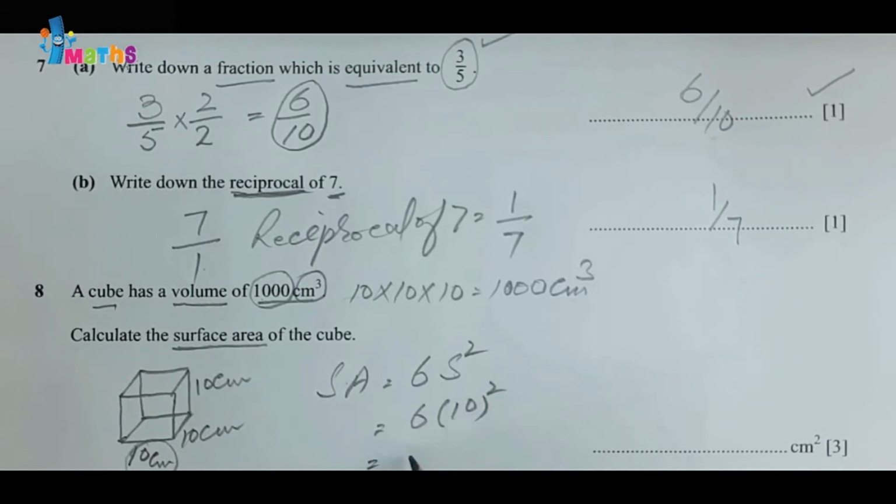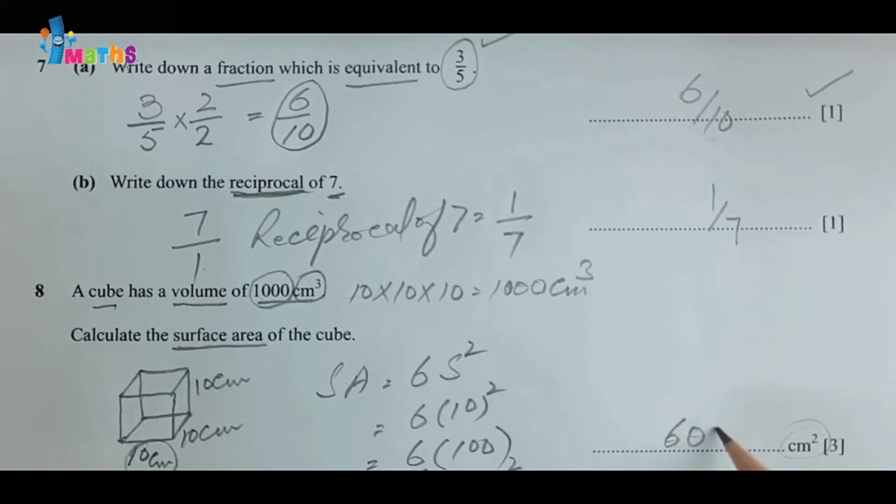So 6 into 10 square, which is 100, will be equal to 600. So its surface area will be in centimeter squares. In the answer they have already provided centimeter squares, so you will have to just mention 600. So this will be your surface area for this cube.